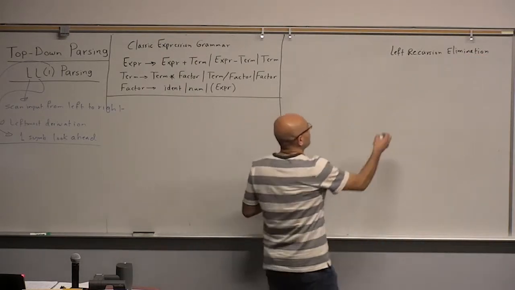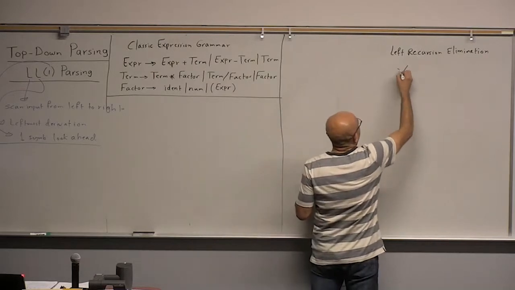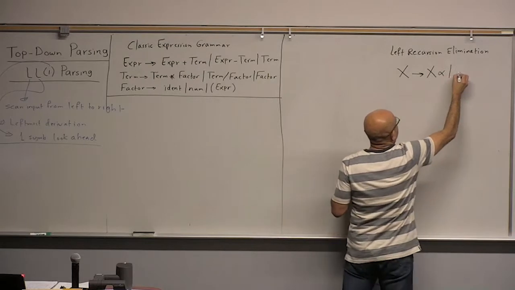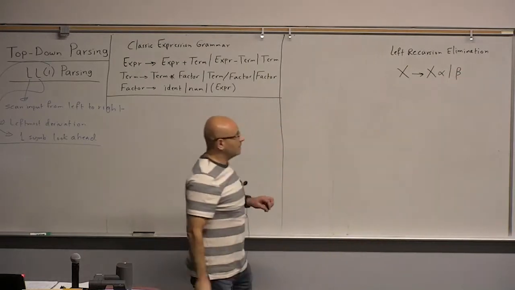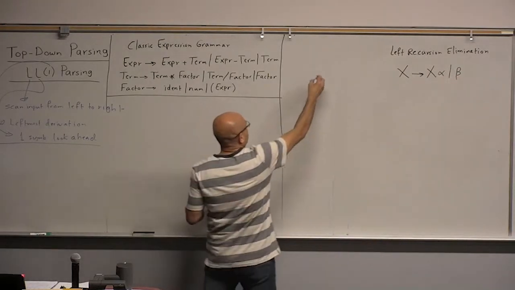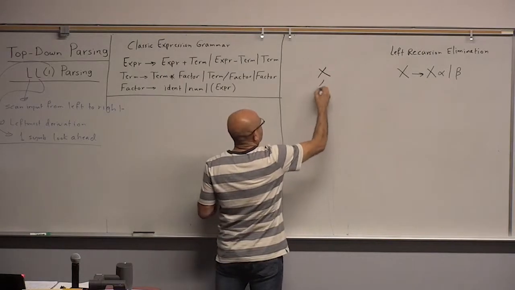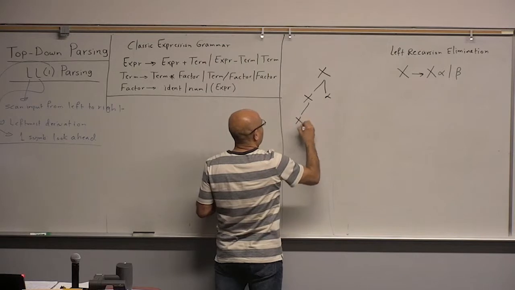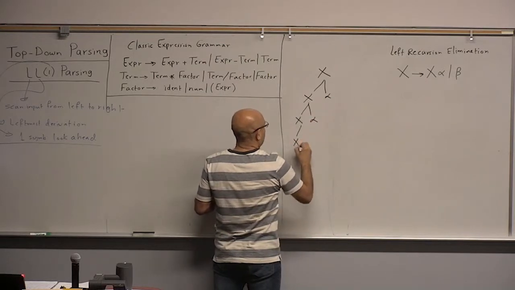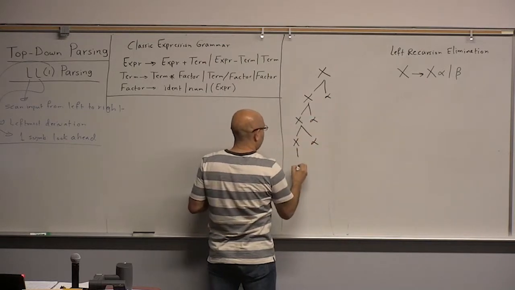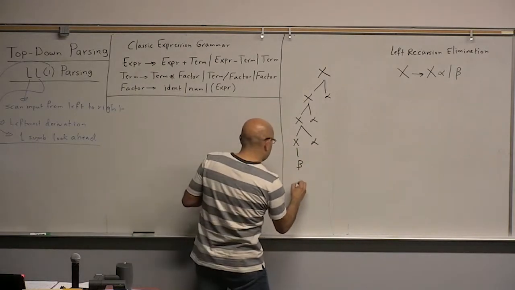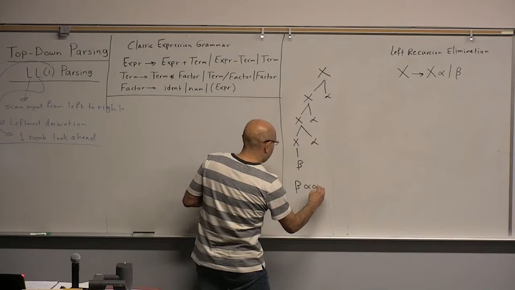If you have something like x equals x alpha or beta, and you do some derivations, you'll do x alpha, and eventually you will do a beta. So one valid string derived from this is beta, alpha, alpha, alpha.